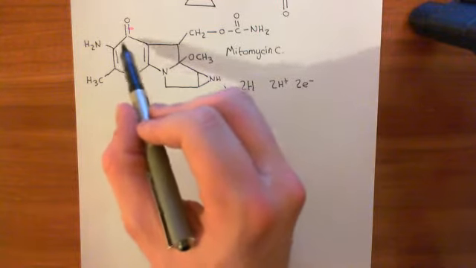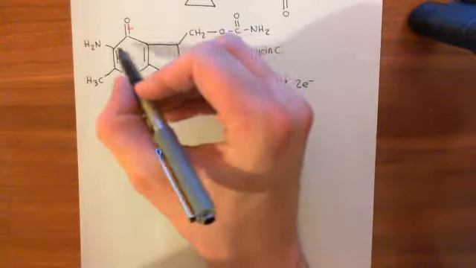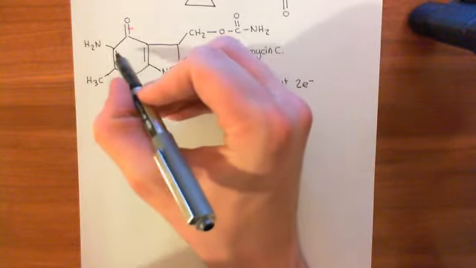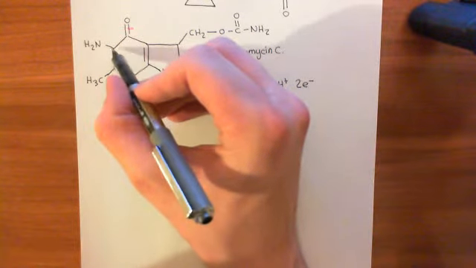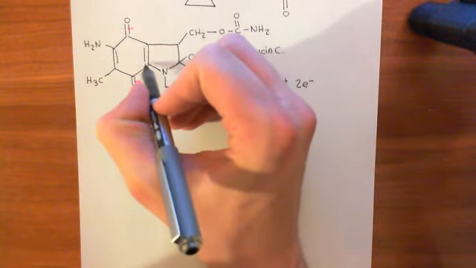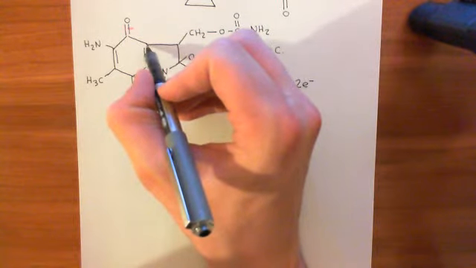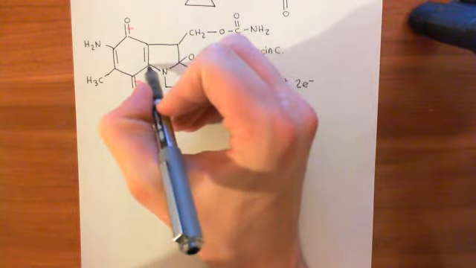Now, what's going to happen with the carbons? Well, they're going to basically form double bonds. So what will happen is this will return to a benzene ring. So at the moment, this carbon and this carbon have got a double bond, and this carbon and this carbon have got a double bond. What will happen is this carbon will form a double bond with this carbon, okay? Which means that this carbon will have to break its double bond with this carbon.